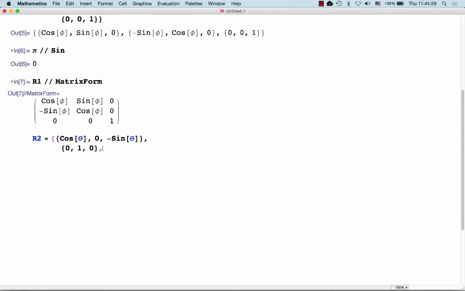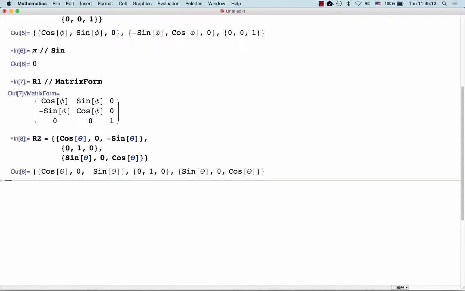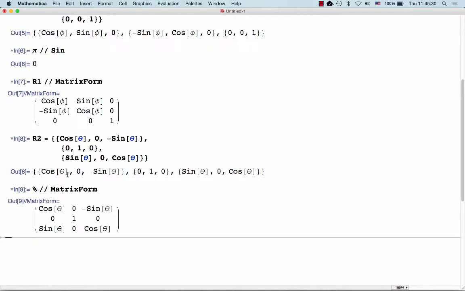And then finally, the last row was sine of theta, 0, cosine theta. And again, that doesn't look the most pretty, but we can take this last result, that's what the percent sign means, is just whatever the last result was, and we can pipe that through our MatrixForm just to see that we typed it correctly, and yeah, it looks good.